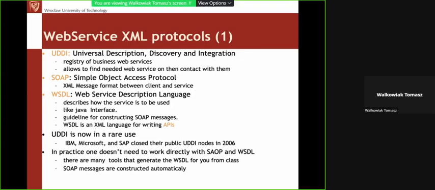So the idea was XML as a language to transfer data. Okay, so this is a text-based language, somehow similar to HTML, because XML and HTML have a common parent, a common father or mother, I mean SGML.